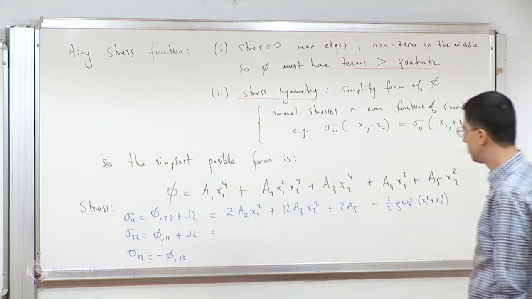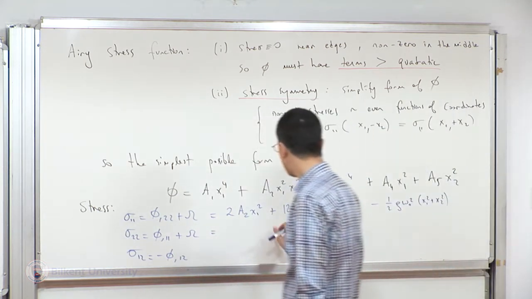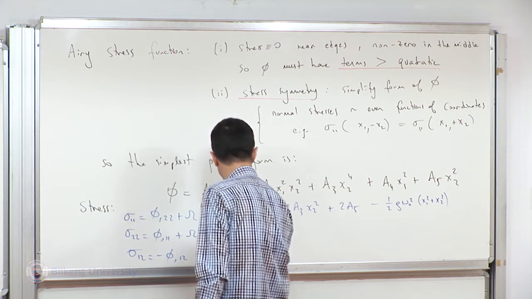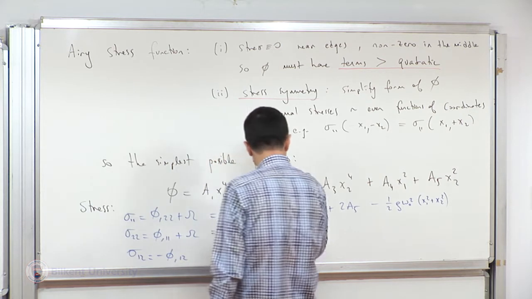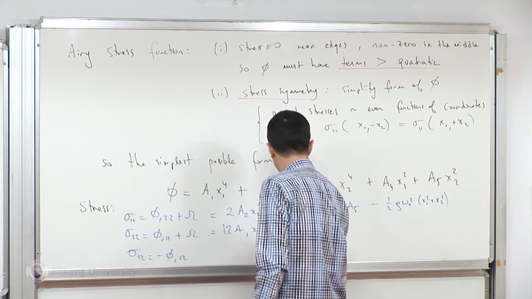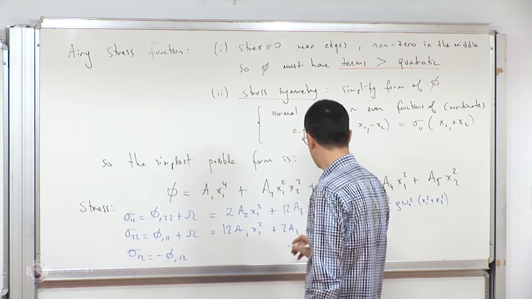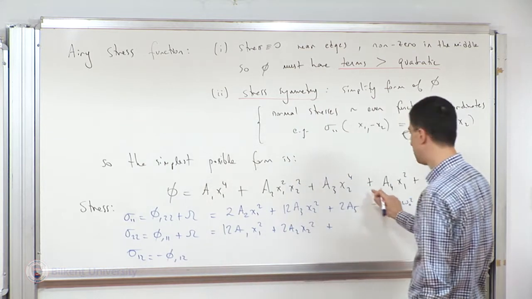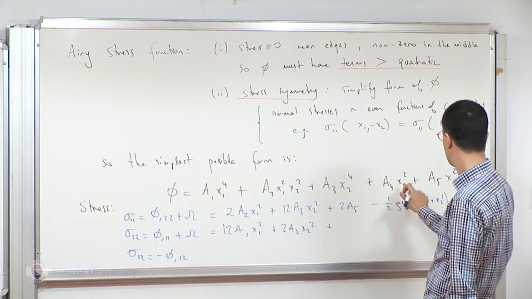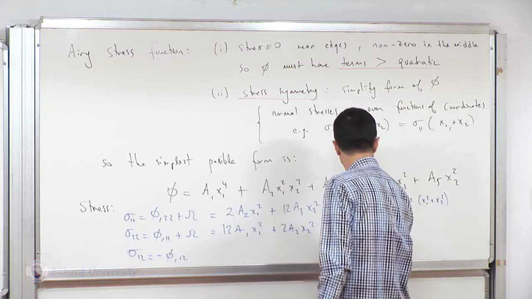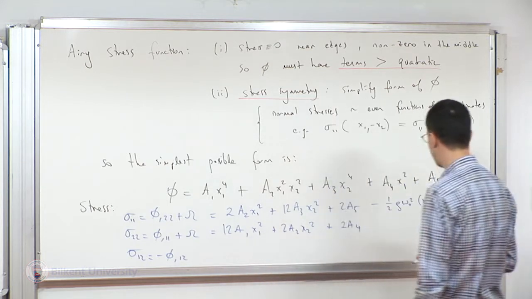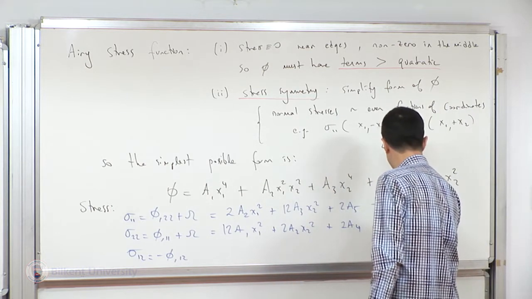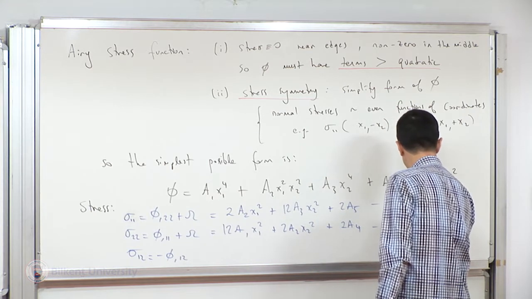Okay, sigma 22, phi comma 11. So I have 12a1 x1 squared plus 2a2 x2 squared plus 2a4 minus 1/2 rho omega naught squared.